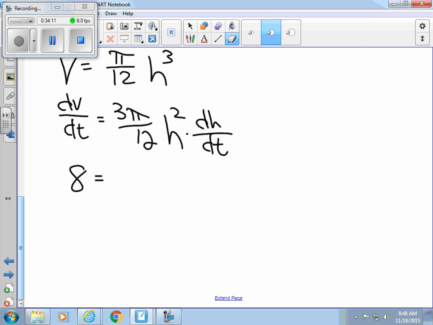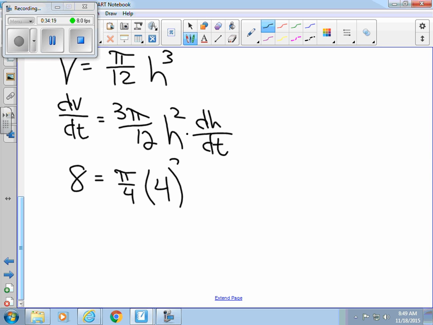Go ahead and write that as pi over 4. Do I know h? Yeah. Now, is there a possibility that they could have given r instead of h? Yeah, but I have an equation, I could have found the other one using my similarity.